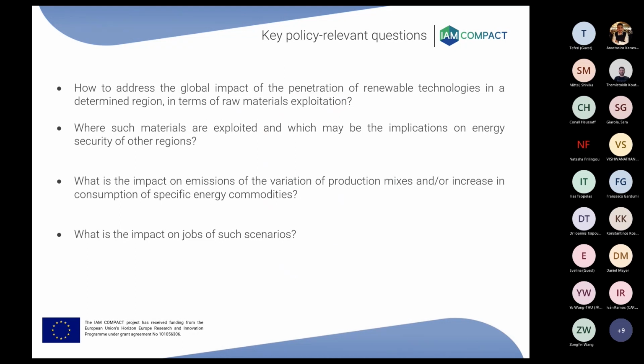But of course, since this model is grounded on input-output tables, in the end we can also assess many other variables, like, for example, the prospective change in CO2 emissions or other environmental variables through a dynamic change in the structure of the energy system, or a dynamic change in final consumption habits, and so on and so forth. Or, for example, the impact on jobs, since the input-output tables also provide environmental extensions, but also extensions in terms of factor use, so labor costs and jobs.